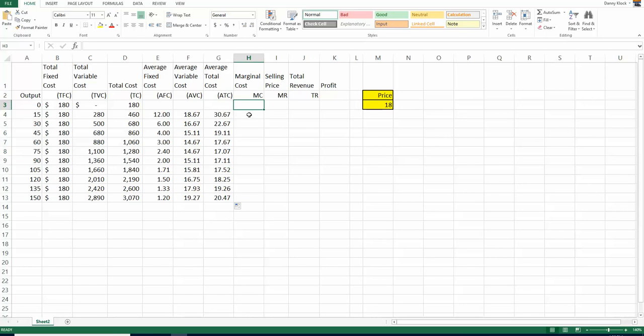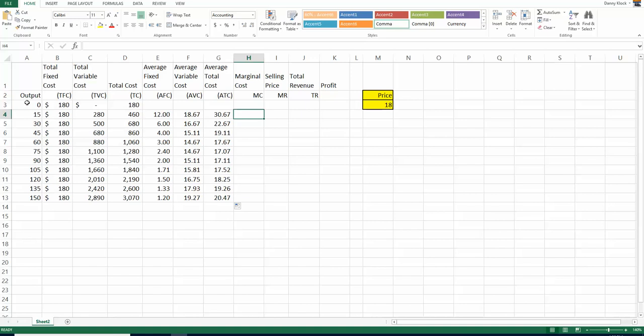Marginal cost is going to be, so again here, what's the cost of basically the next additional unit? What we're going to do in this one is a little tricky formula, but nothing that hard. We're going to take the change in total cost, right?